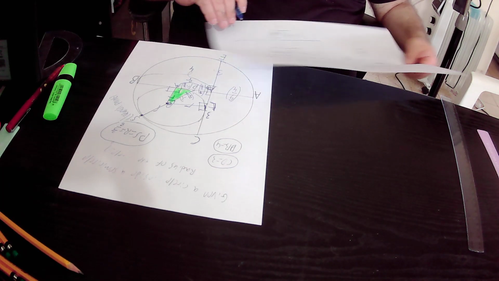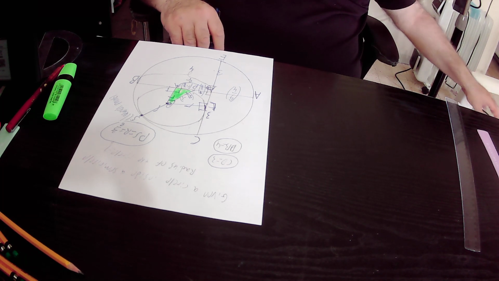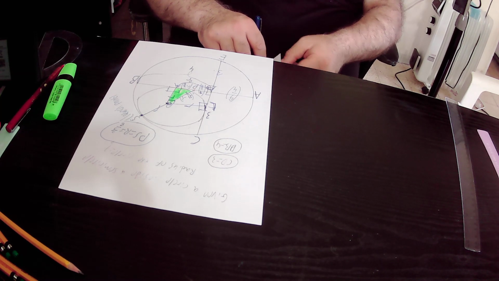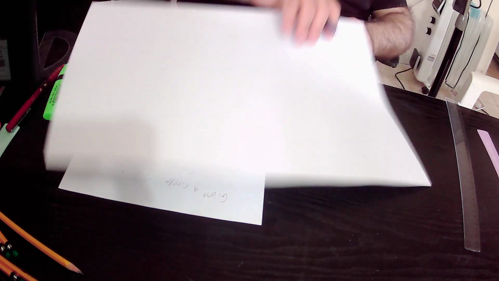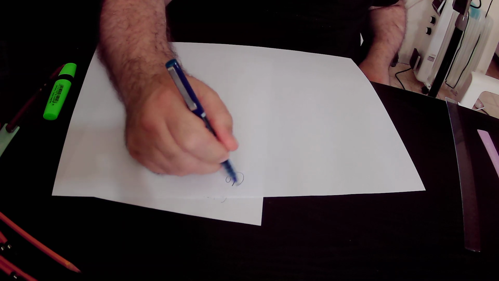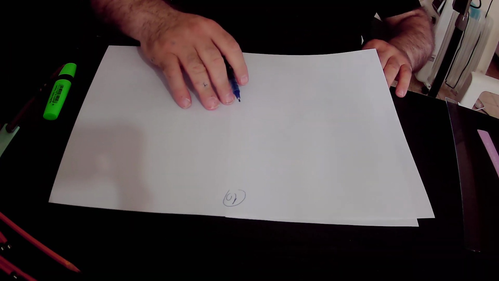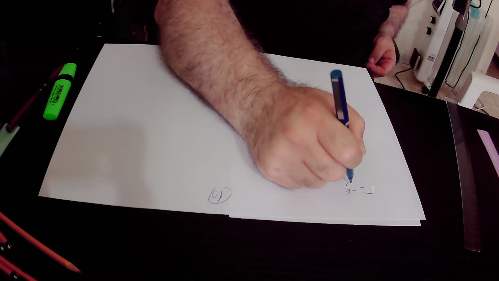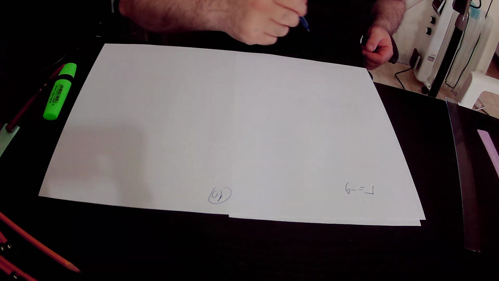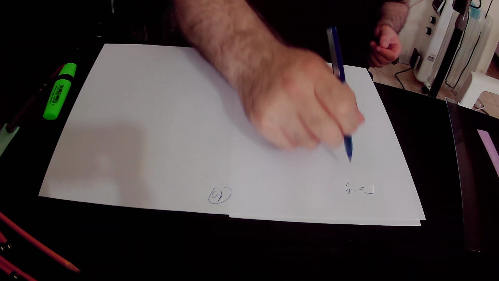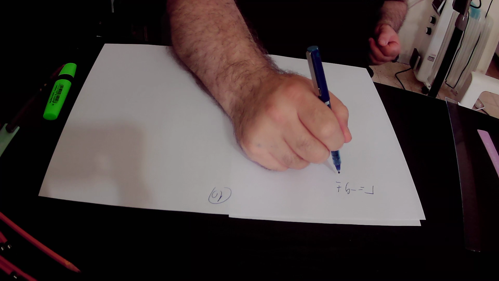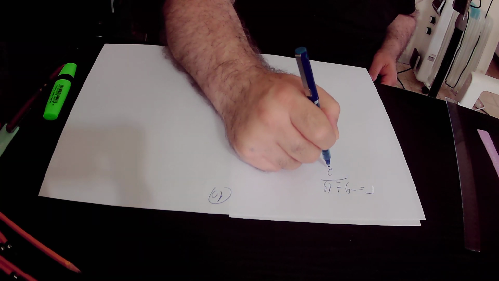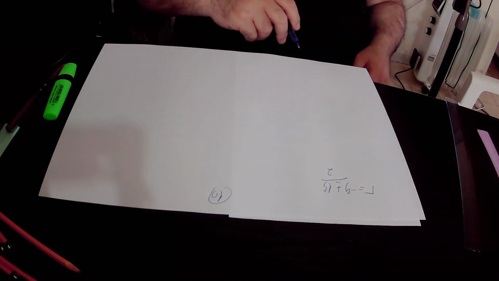So here we will have two possible solutions for r. The first solution for r, the radius of the small circle, is minus 9 plus minus the square root of 225, which is 15, over 4.